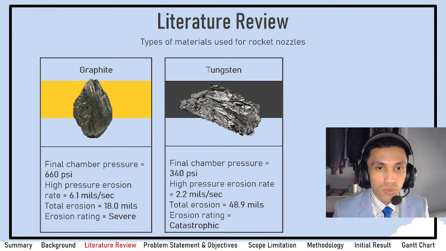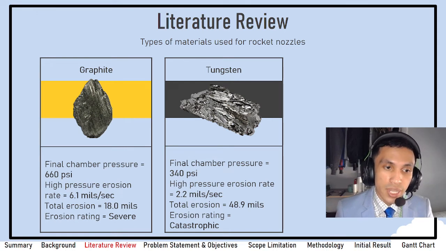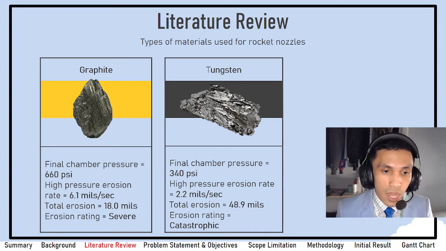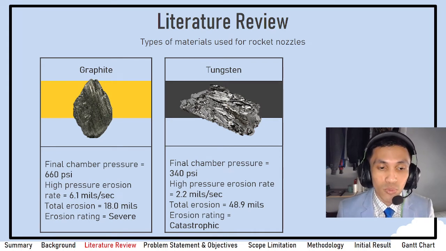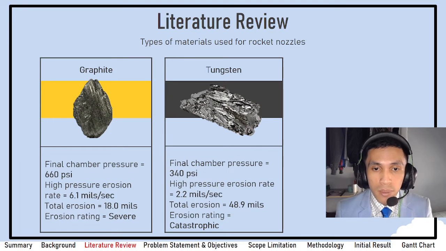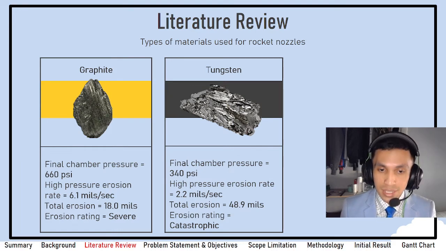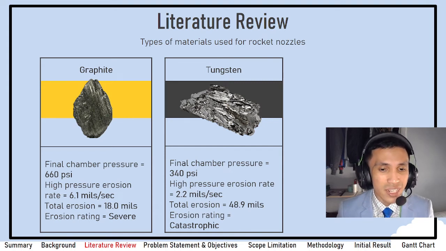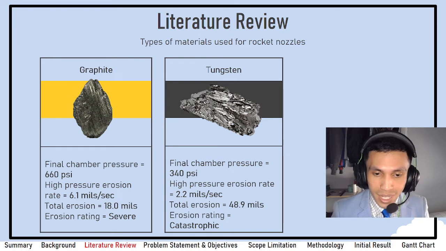From what we can observe on the graphite: final chamber pressure 660 psi, high pressure erosion rate 6.1 mils per second, total erosion 18 mils, and erosion rating only severe conditions.